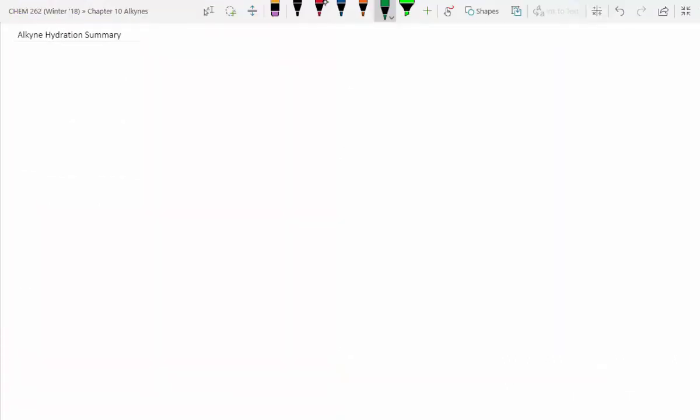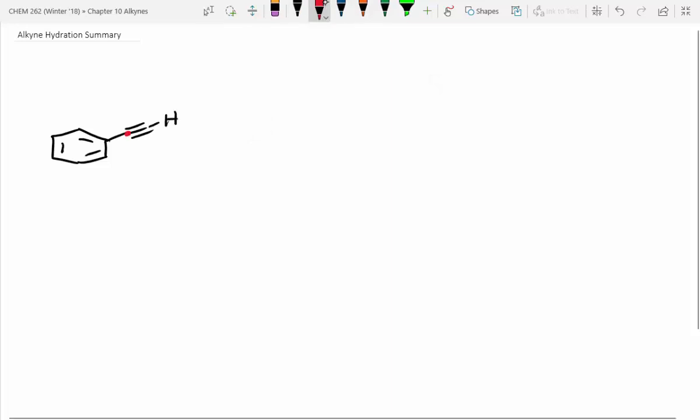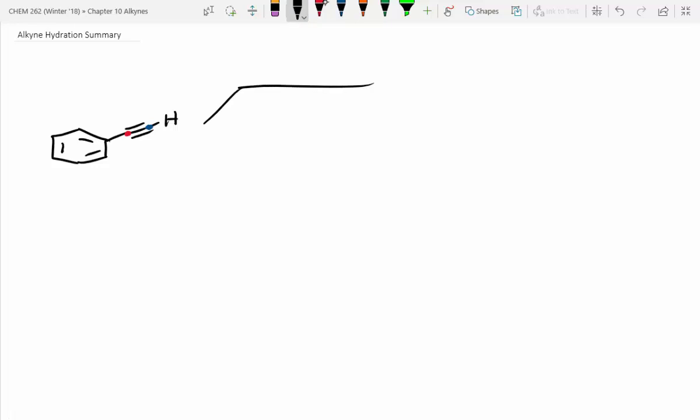Okay, so let's take a look at the summary we've got here, because we did learn quite a bit. So we said if you've got some sort of alkyne that looks like this, you've got two different types of carbons. You've got this red carbon that's more substituted and this blue carbon that's less substituted. We said we can get two different products.